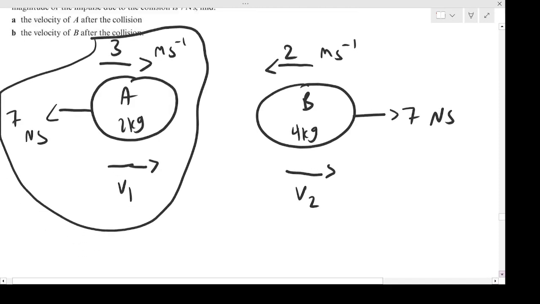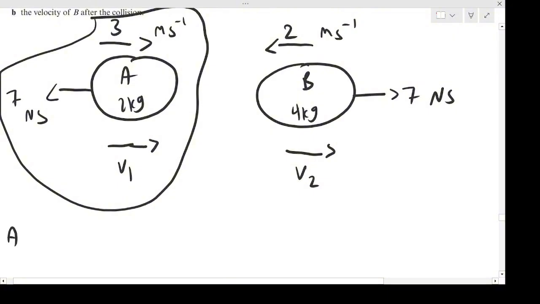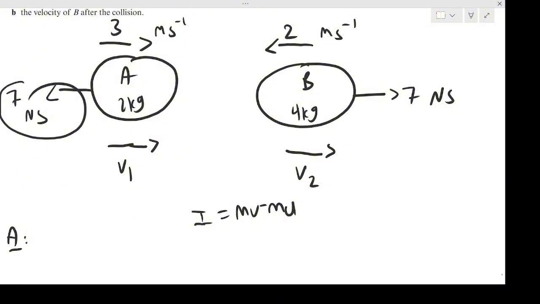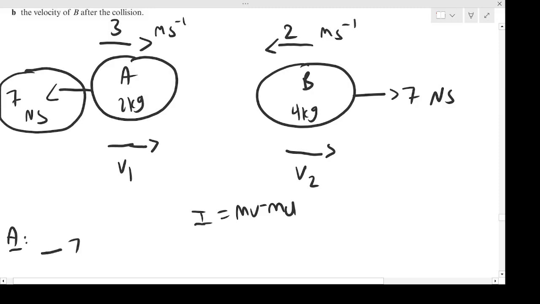So if I just consider A firstly, again, I can use the impulse formula. Impulse is mv take away mu. So for A, well, the impulse is 7, okay? But that's going in the negative direction. So it's actually going to have to be minus 7. The negative to account for the negative direction. So minus 7 is mv take away mu. The mass is 2.